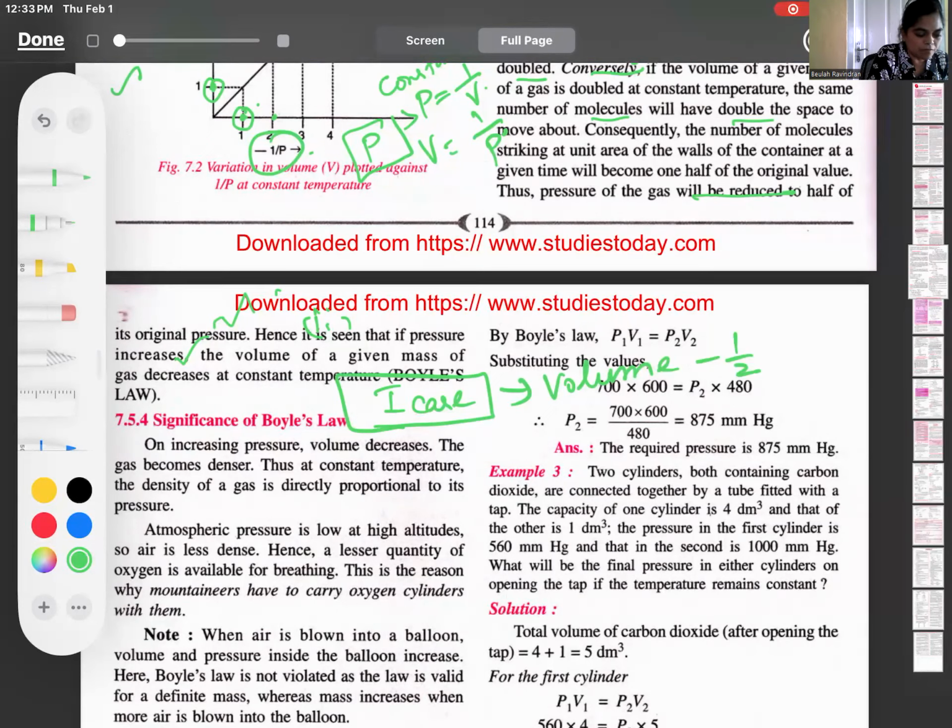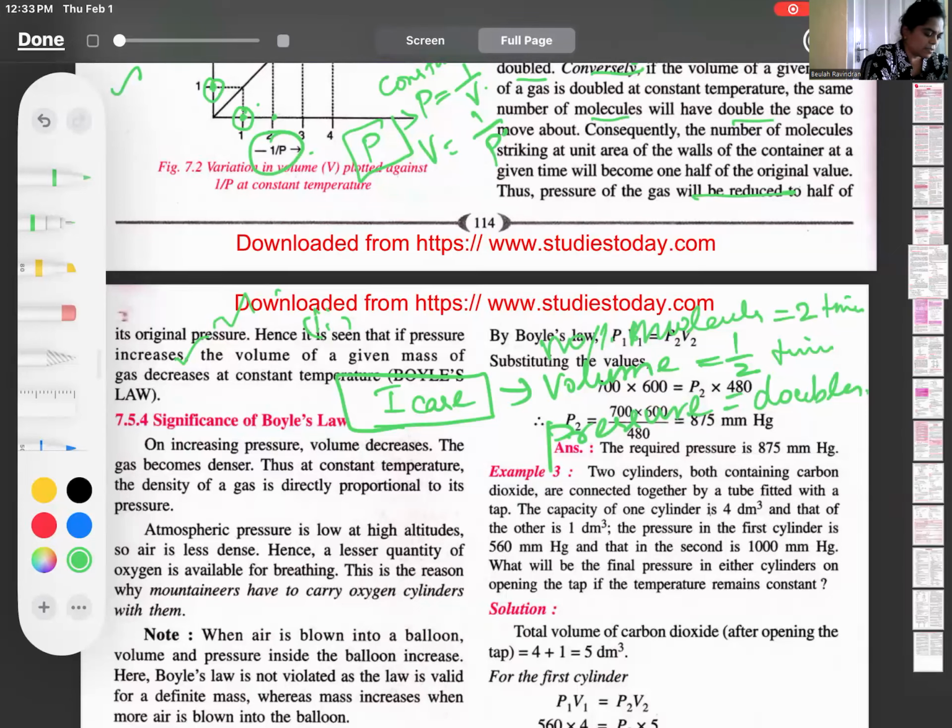Then what about the number of molecules? The number of molecules will be doubled, two times. Then what about the pressure? Pressure automatically doubles. This is the first case.